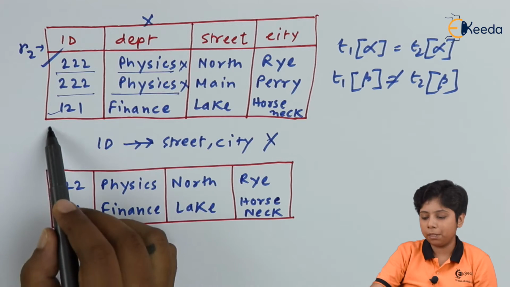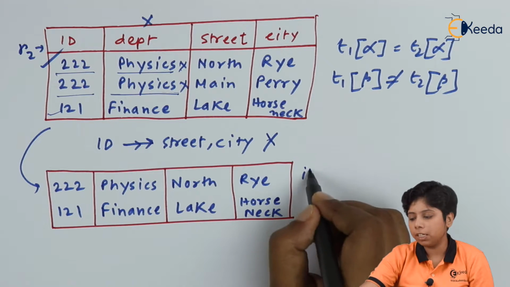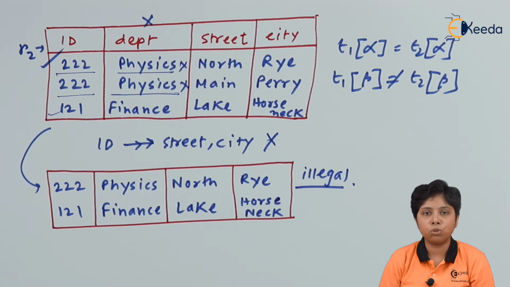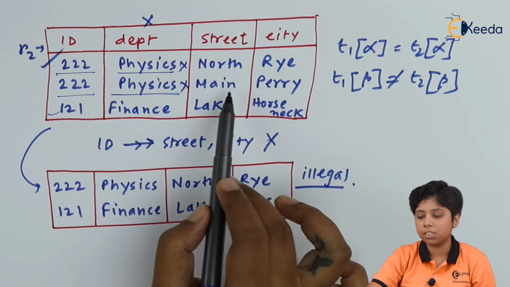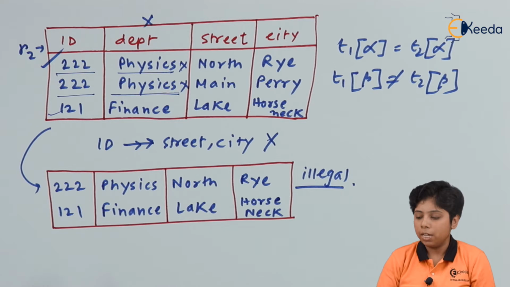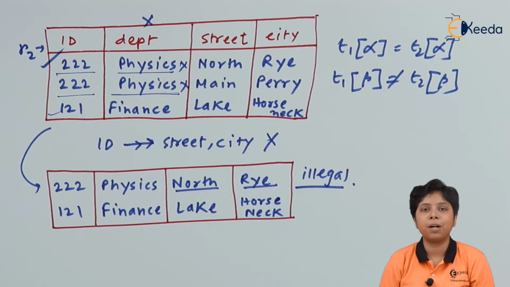Now if we end up in this one, it becomes an illegal relation because it does not contain that the ID 222, which has got some name and teaches in the physics department, also has an address in the Paris city on the lane main. Now we have only the north and the right city of that particular instructor, but not the second one. So it becomes an illegal relation in this way if I want to remove the redundancy from it.